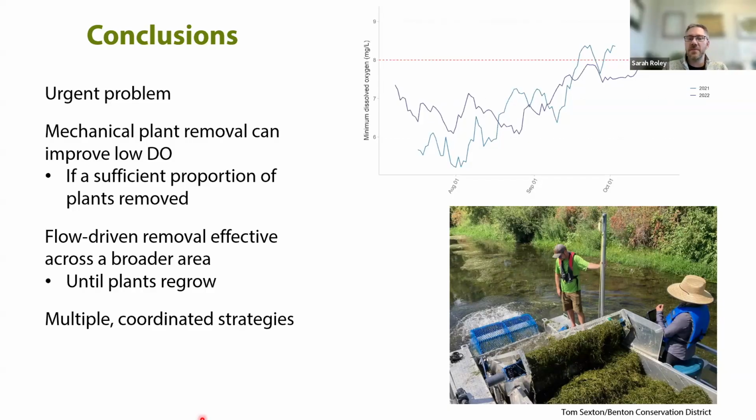So one possibility could be to use flow-driven removal to knock back water stargrass biomass in the early season. And then once it starts growing, we could hit stargrass with a harvester or other mechanical removal methods in the mid-season, possibly in some localized targeted efforts or in some problematic areas. All right.